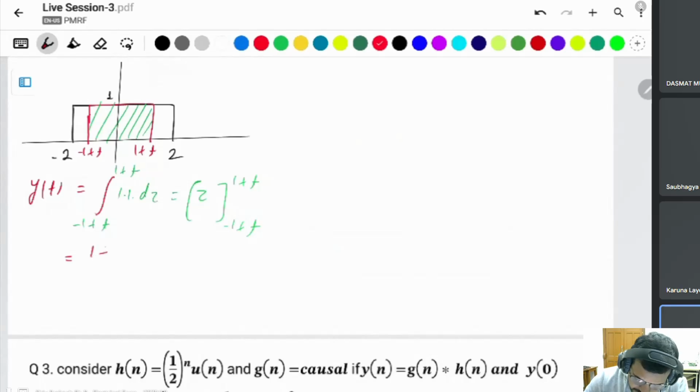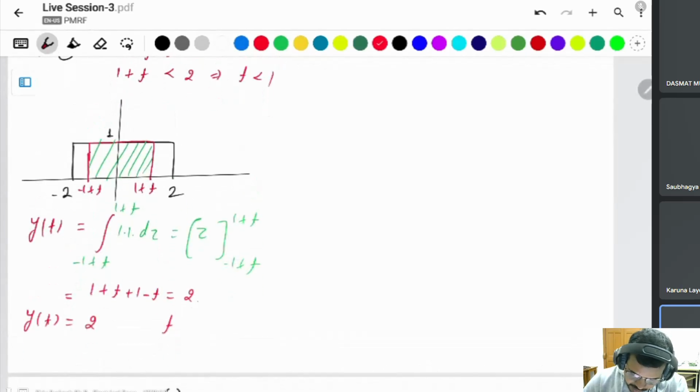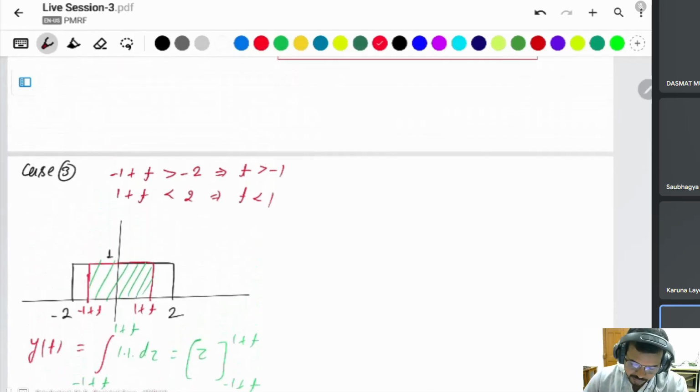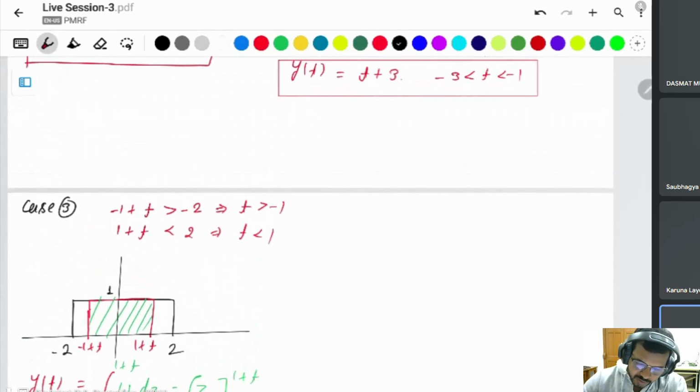This is 1 plus t minus minus 1 plus t, which is 2. A constant 2 is there. It means y(t) is equal to constant 2 when t is greater than minus 1 and less than 1. Between minus 1 and 1 there is a constant 2. Next one, case 4.